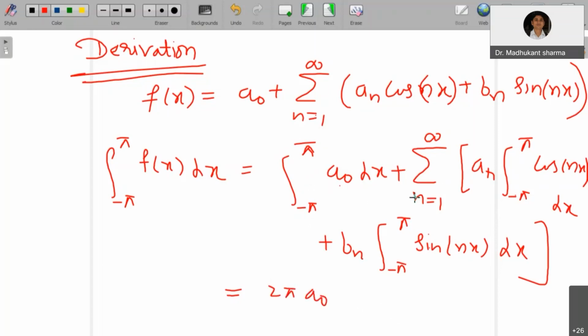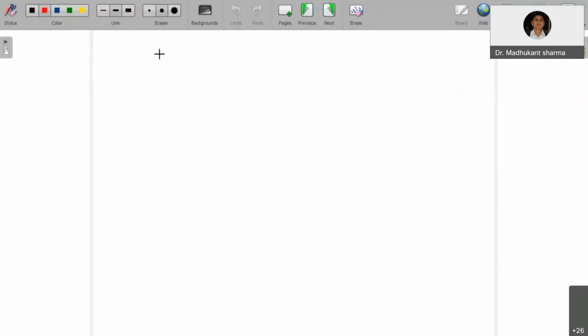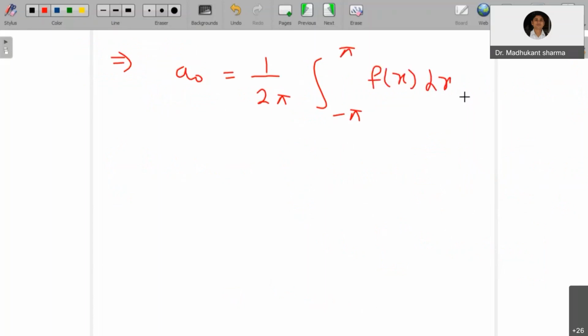The second integral also will be 0. So this will imply a naught equals 1 upon 2 pi integration from minus pi to pi of f of x dx. So this is the first Euler coefficient.